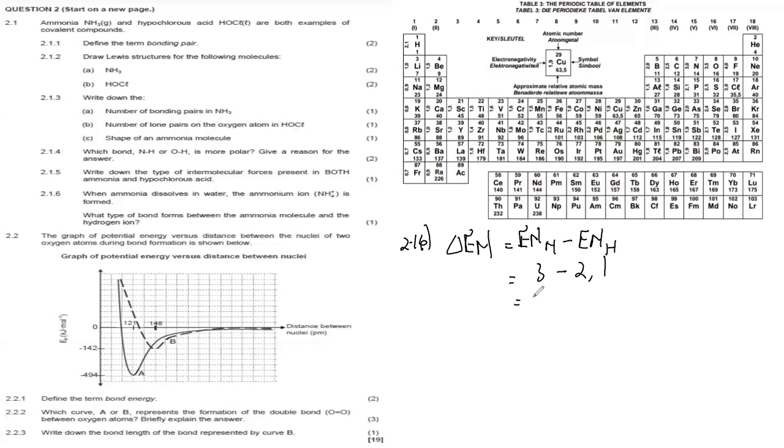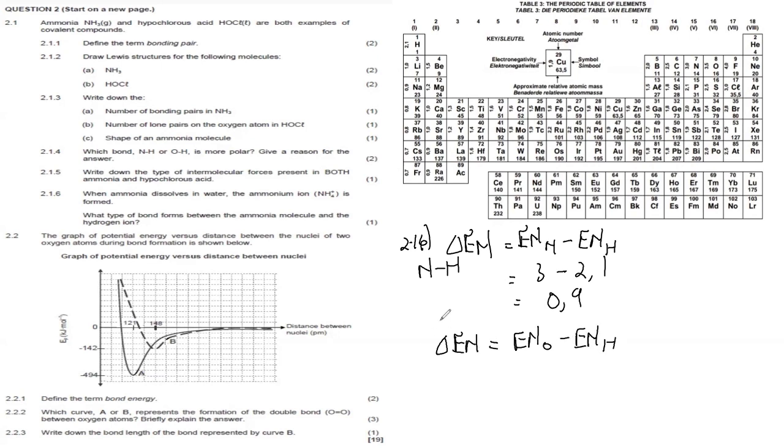And then if we say 3 minus 2.1, we end up with 0.9. And then if we do the electronegativity difference, so let's indicate this one here, it's for N-H. And then this is En of oxygen minus En of hydrogen.